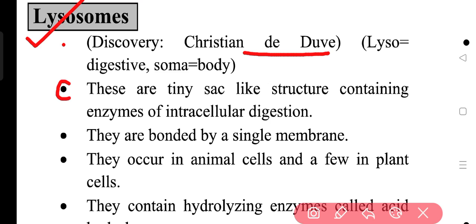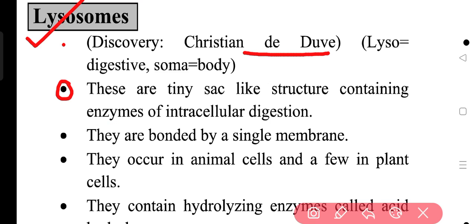Second point, these are tiny sac-like structures containing enzymes of intracellular digestion. Remember, this is the only cell organelle in which you find enzymes.